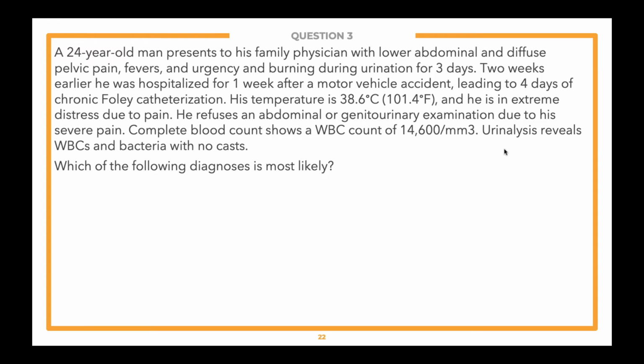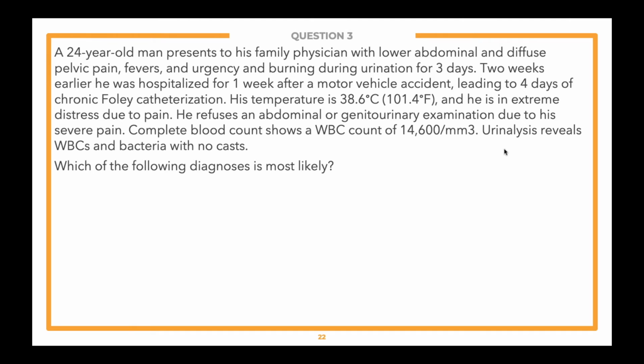A 24-year-old man presents to his family physician with lower abdominal and diffuse pelvic pain, fevers, and urgency and burning during urination for 3 days. 2 weeks earlier, he was hospitalized for 1 week after a motor vehicle accident, leading to 4 days of chronic Foley catheterization.